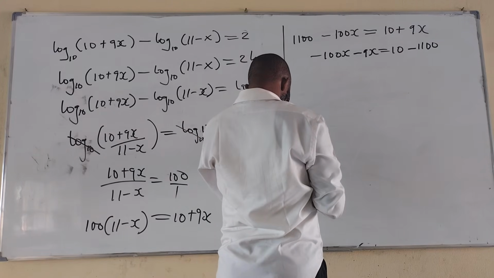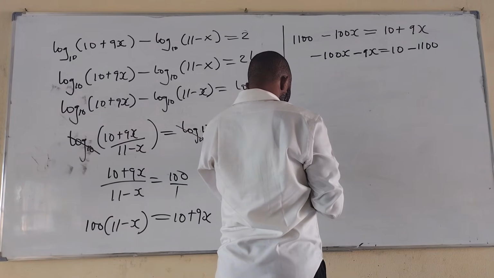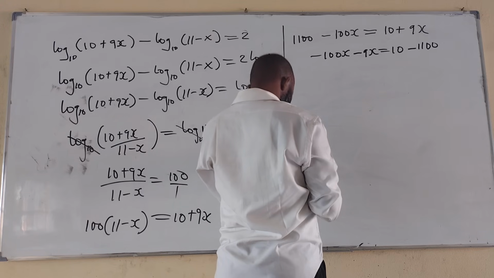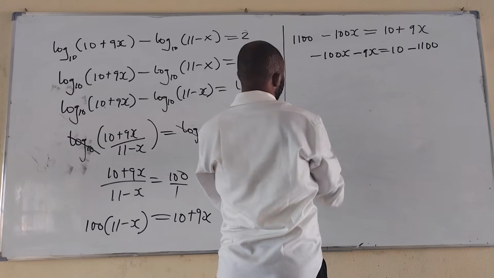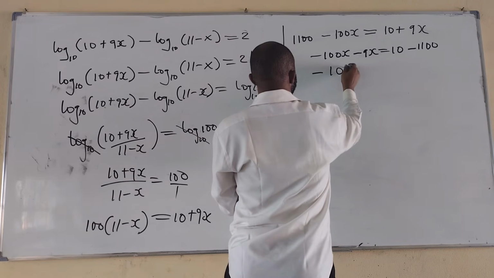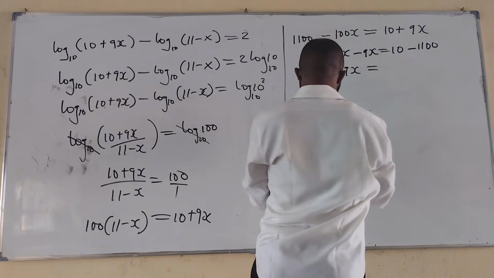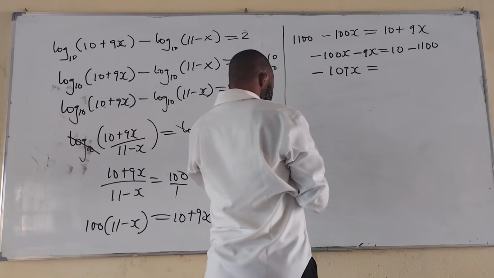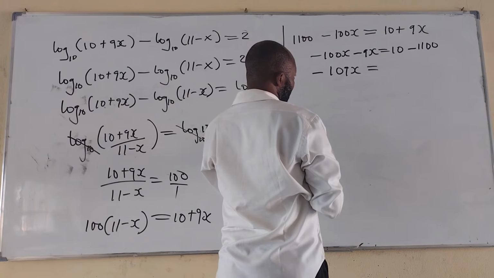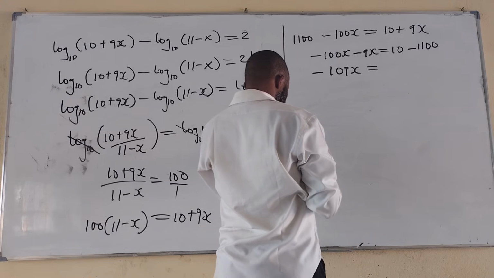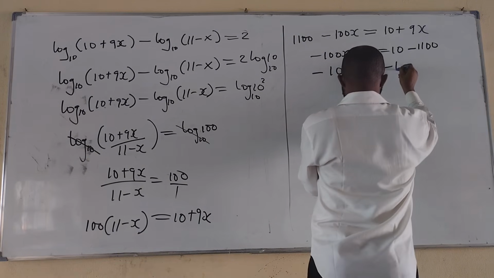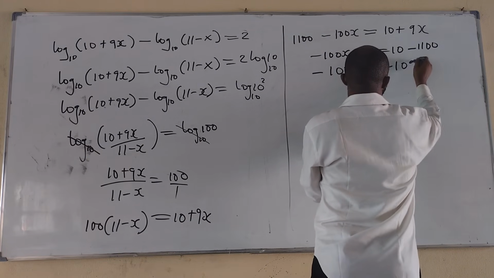I have minus 100 minus 9, which is minus 109x, is equal to 10 minus 1100, which is minus 1090.